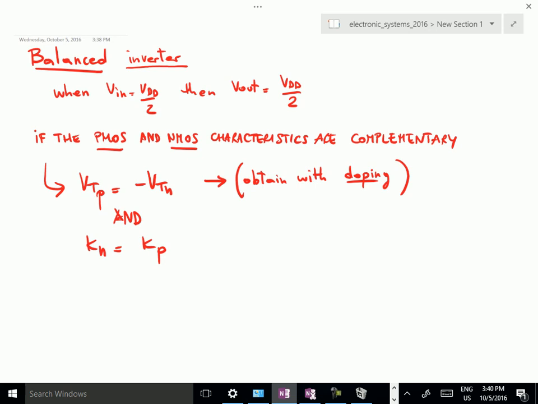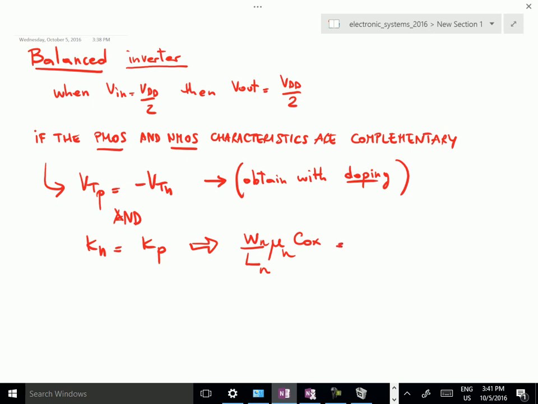And Kn equal to Kp actually requires a geometrical constraint, because you remember that Kn is equal to Wn over Ln times mu n times Cox. Let me add the n suffix in order to indicate that we're talking about the NMOS.